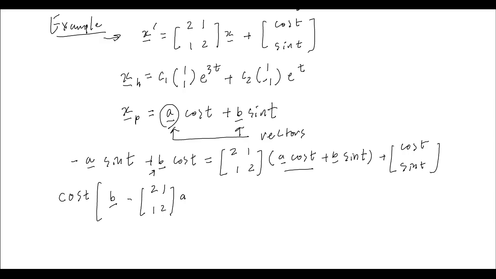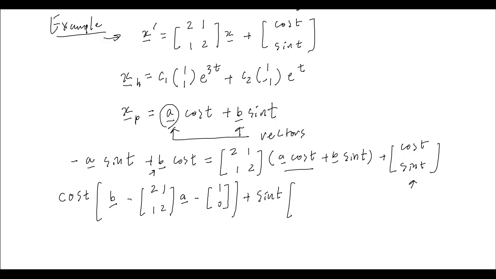Finally, from the forcing term we only need the cosine part, so this becomes minus (1, 0). Okay, and the second group comes with all the terms with sine t. What do you have?